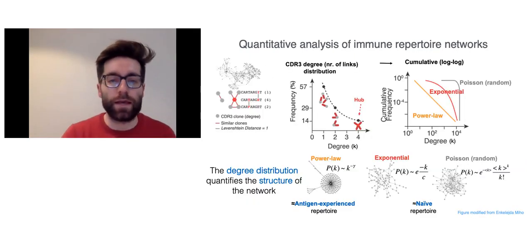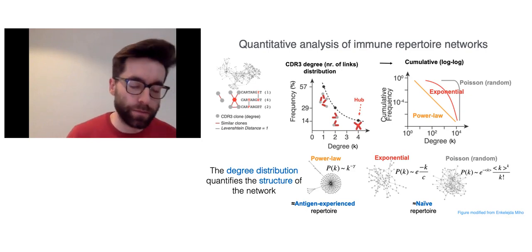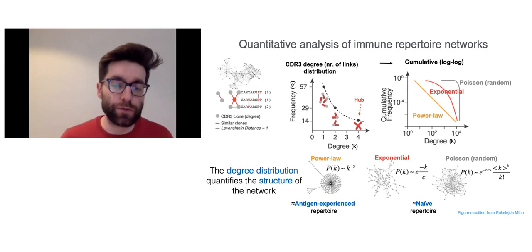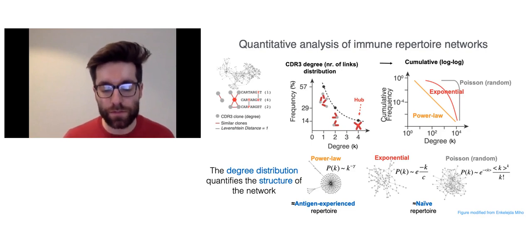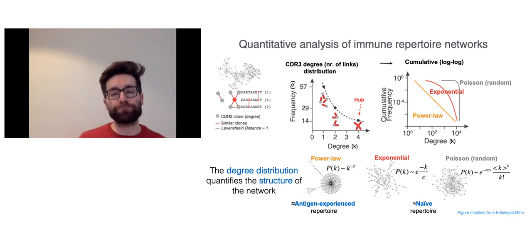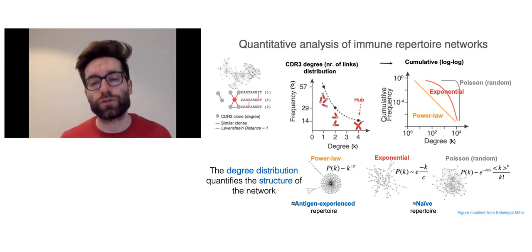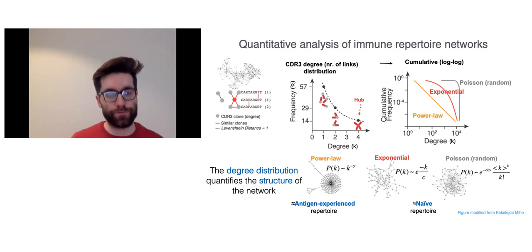And what we have seen, and what other research groups have seen as well, is that if you're undergoing an immune response, the sequence similarity architecture of your network looks more power law distributed. So you have few nodes to which you have a lot of connections, whereas the Poisson or exponential architecture is mostly seen for naive repertoires.